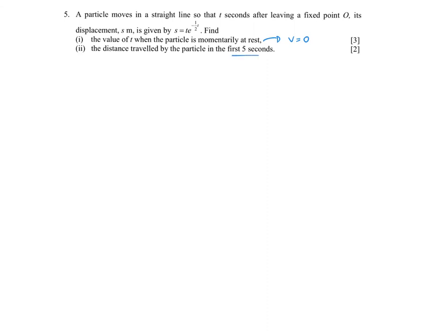Alright, so let's begin with part 1. We are given our displacement function to be as such. We know that velocity is the differentiation of displacement. So by our product rule, we will have e to the power minus half t minus t over 2 e to the power of negative t over 2.